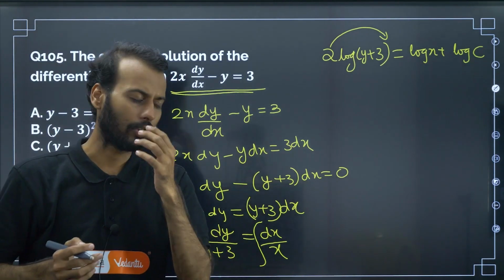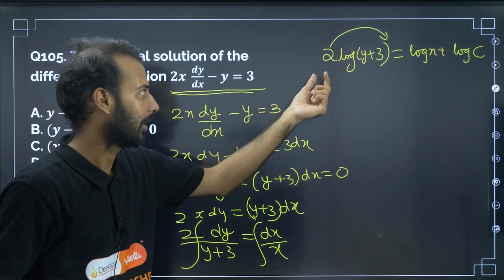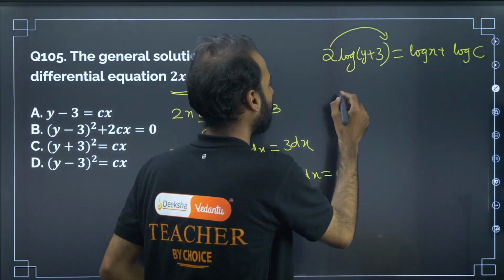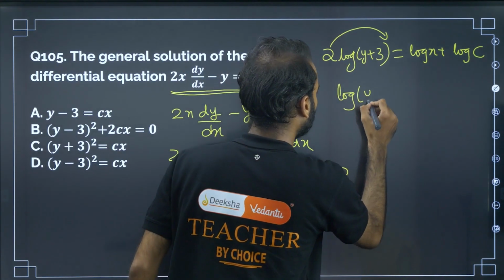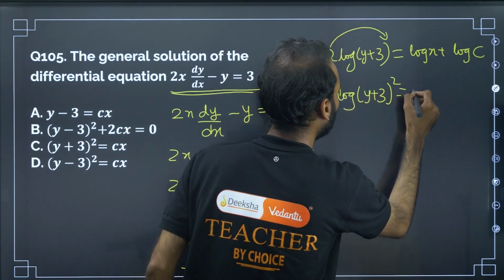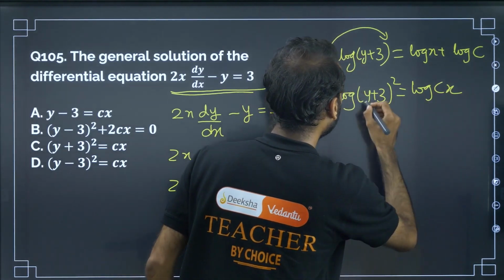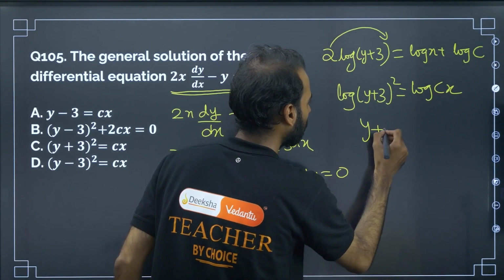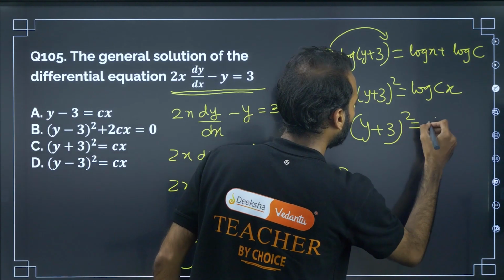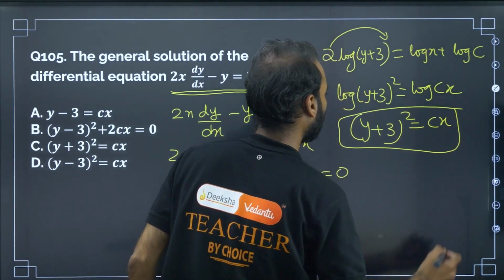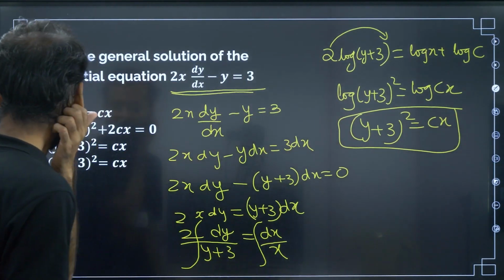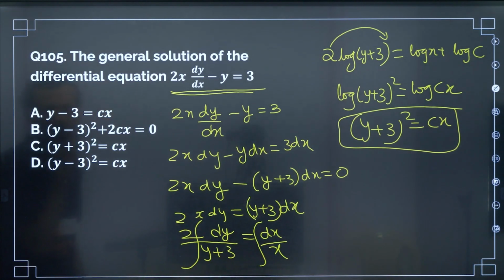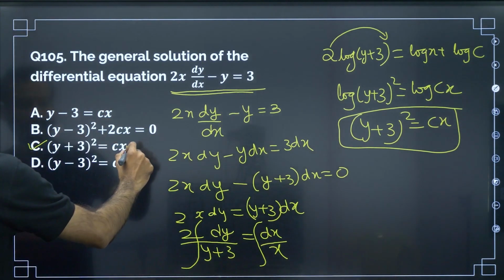I have already discussed properties of logarithm in my previous videos, so once again I will not write. Let me place that 2 here. Log of y plus 3 whole square is equal to log cx. Now y plus 3 whole square is equal to cx. Is there any such option? Y plus 3 whole square is equal to cx. Oh, option C is the answer.